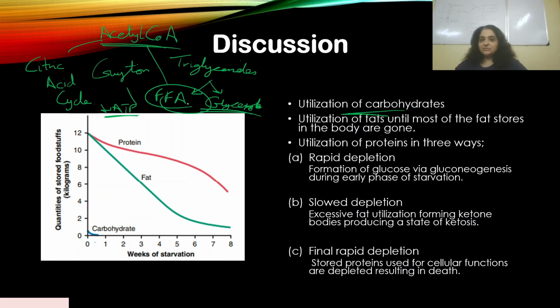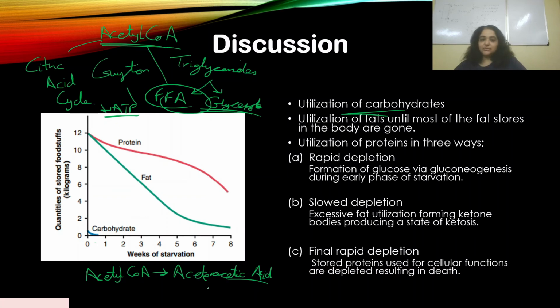Another way by which fat produces energy is that acetyl CoA breaks down into ketone bodies. It breaks down into acetoacetic acid, which is one ketone body, a keto acid.